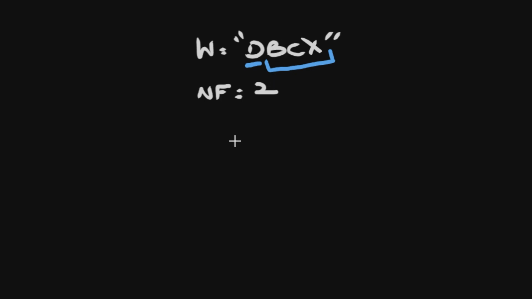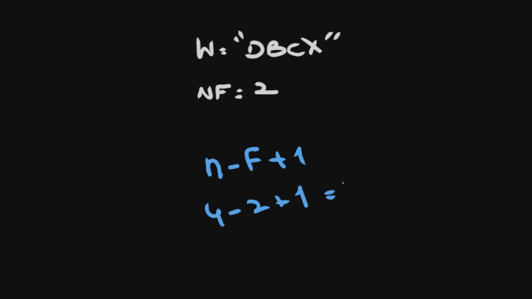And we can use a formula for this. This is n minus number of friends, we can call this f, plus 1. So in this case, 4 minus 2 plus 1 is 3. And remember, this is the largest split we can make.